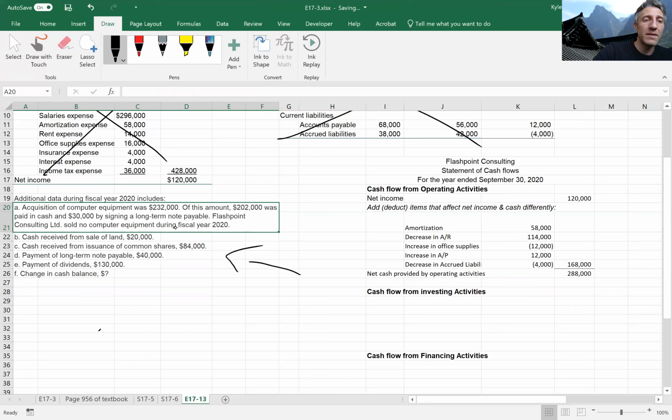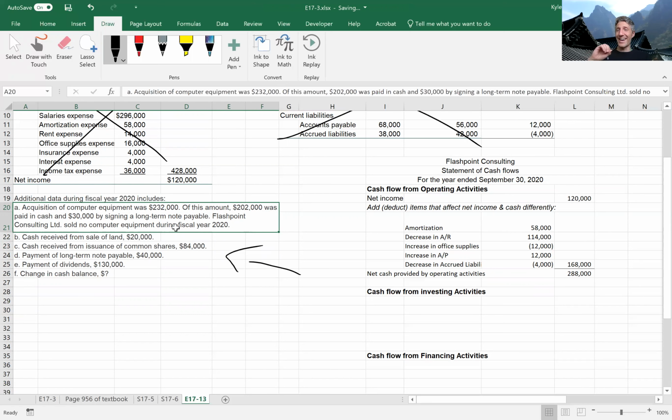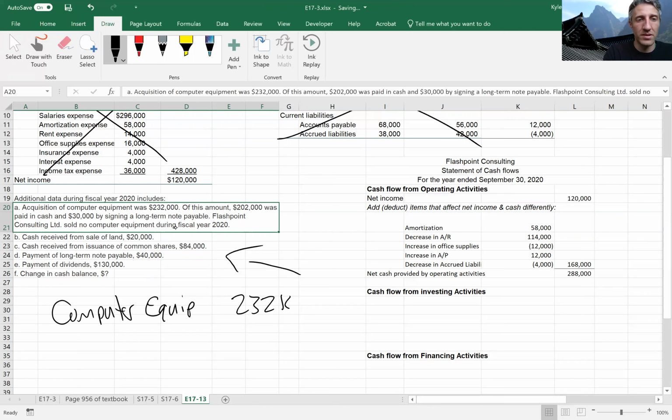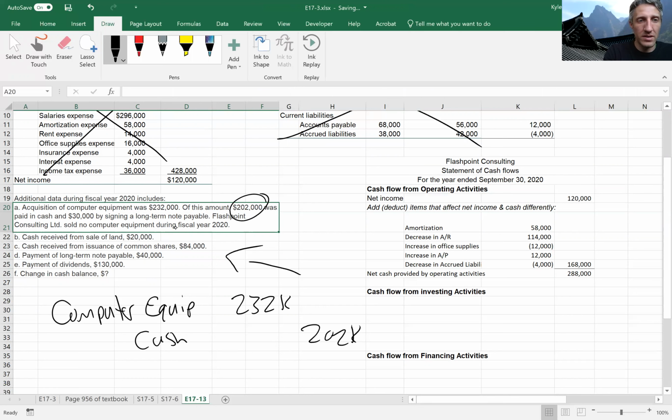So when we make investments in long-term equipment and we pay with cash, that's a cash outflow. The journal entry would look like this in this case. So it would be computer equipment, computer equip would go up by 232. I'm going to call it K for 1,000. And cash went down, it said, by 202. And a note payable, I'll call it NP, was the difference, 30,000.